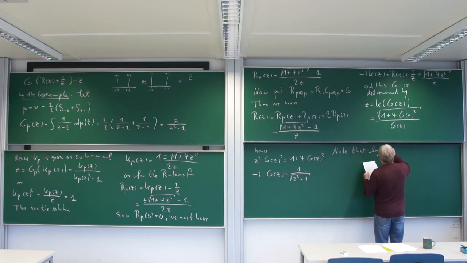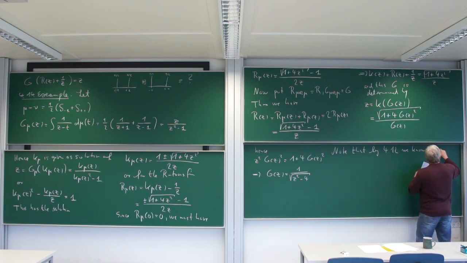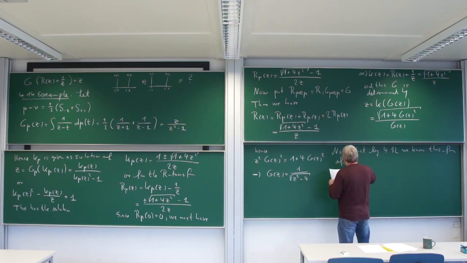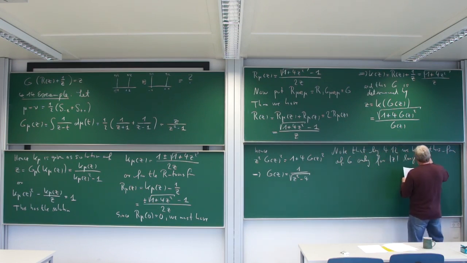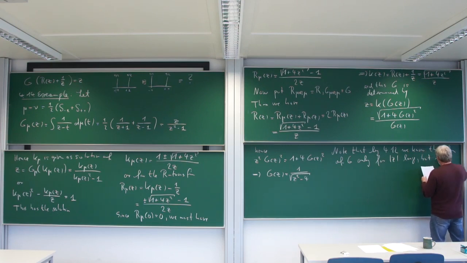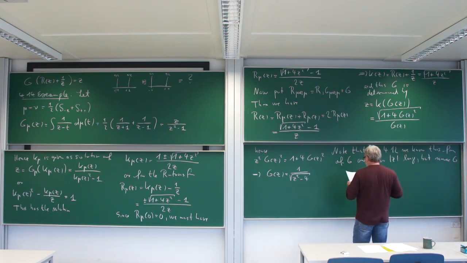So note that by the theorem from last time, we know this form of G only if z is large, if we are in the neighborhood of infinity. But on the other hand, we know that the Cauchy transform is an analytic function everywhere on C+.